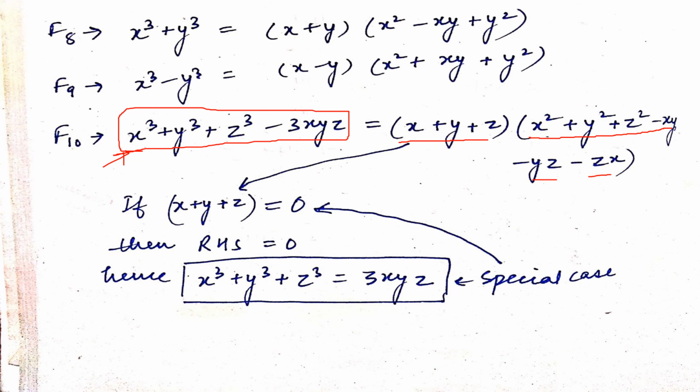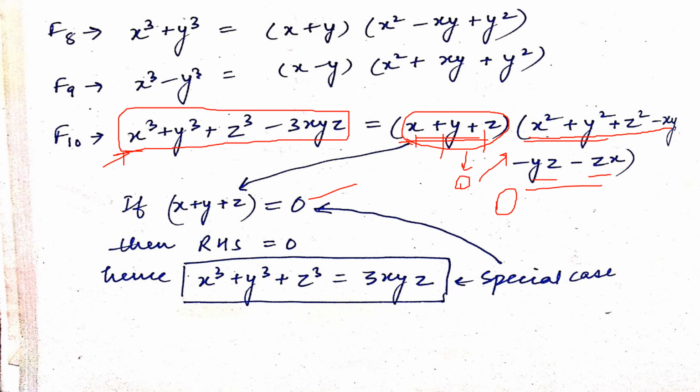Second thing, a special case. Suppose you have a question in which the sum of these three variables, x, y and z, is how much? 0. Suppose in a special case the sum of these three is 0. So if this thing becomes 0, what will happen due to this? It is multiplying with its complete term, and we know 0 into any term, the answer is 0.